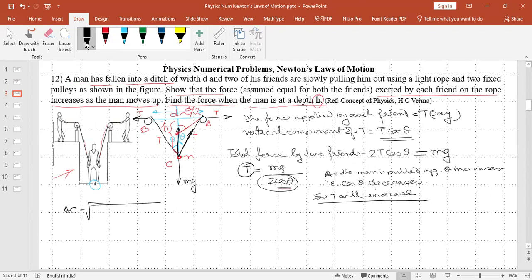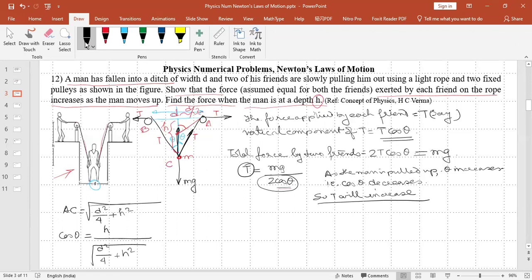AC is equal to the root of d by 2 whole square, that means d square by 4 plus h square. And cos theta is equal to base by the hypotenuse, so cos theta equals h divided by the root of d square by 4 plus h square.